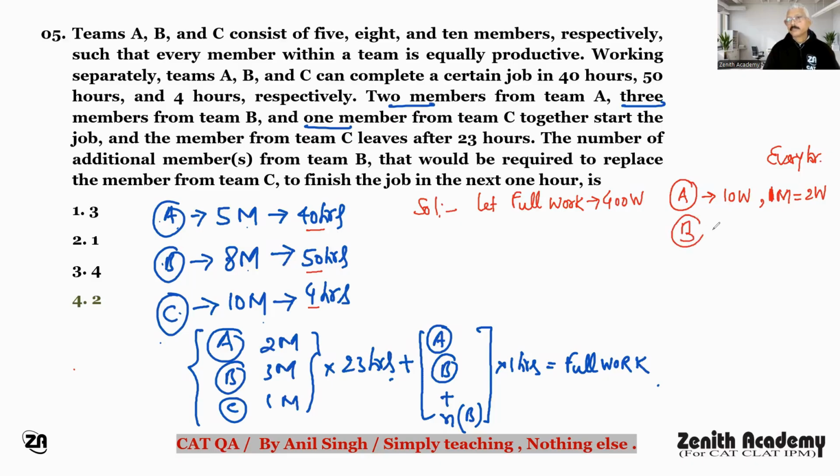From team B: team B in 50 hours finished this full work of 400, means every hour 8 work. 50 into 8 is 400. Team B finished 8 work every hour.